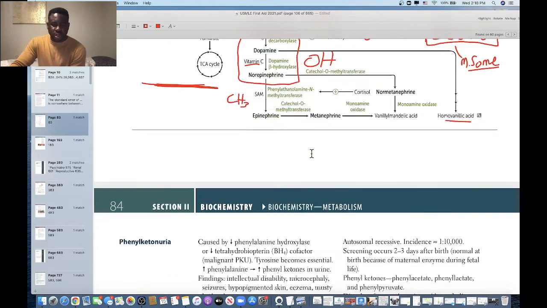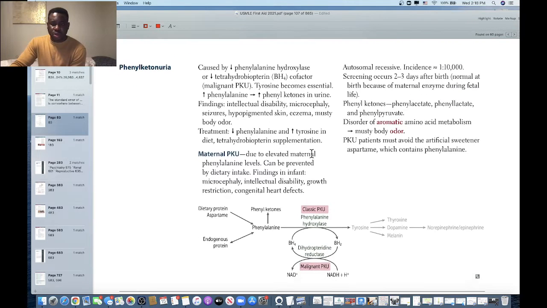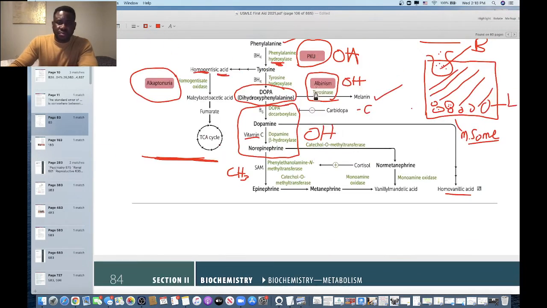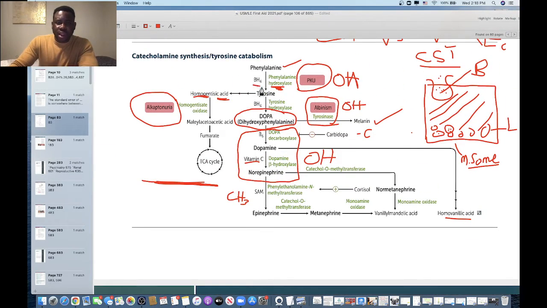So let's go to the next page, where they describe all these things. Phenylketonuria, we've seen the general overview already. It's caused by deficiency of the phenylalanine hydroxylase enzyme and/or deficiency of tetrahydrobiopterin. If we have a lack of tetrahydrobiopterin, it can also lead to phenylketonuria, because the enzyme phenylalanine hydroxylase needs this.